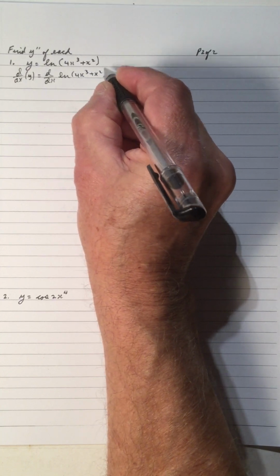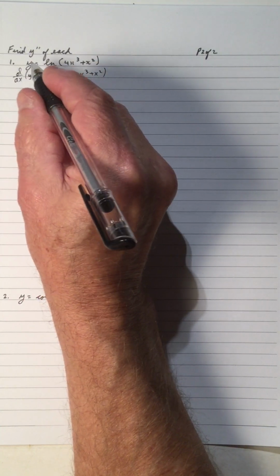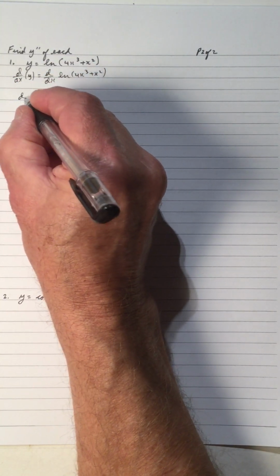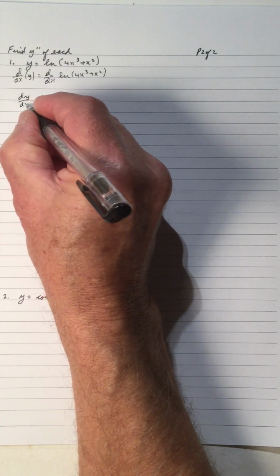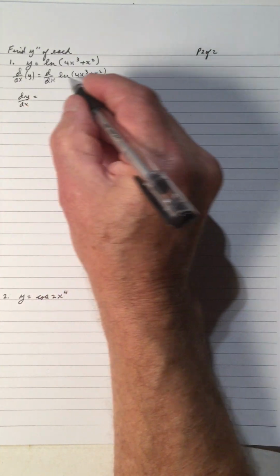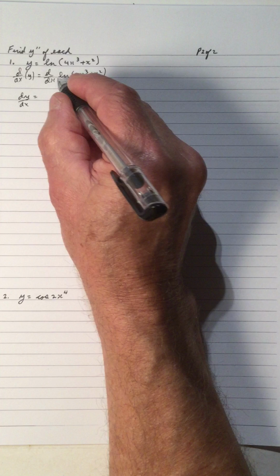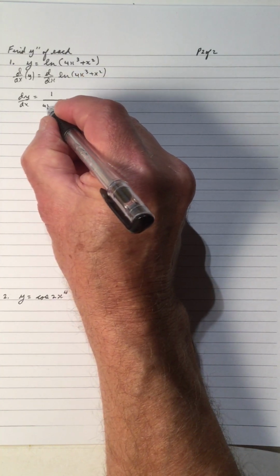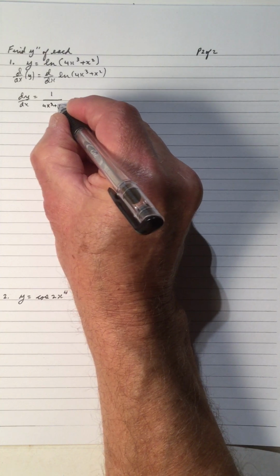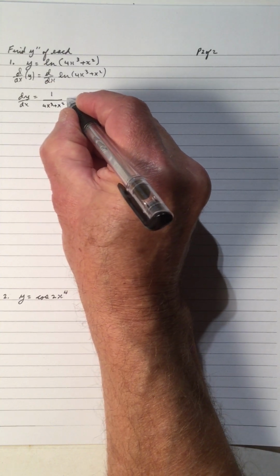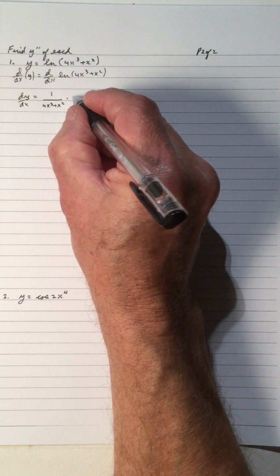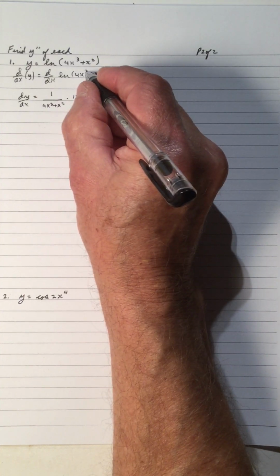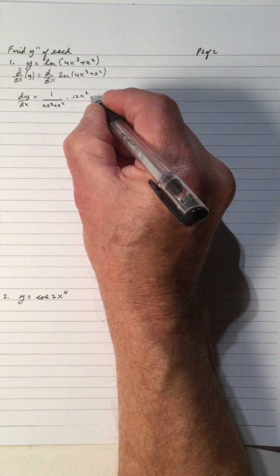Okay, here we go. And again, d dx is dy dx. And the derivative here in terms of x, derivative of ln is 1 over the function, 4x cubed plus x squared. And the derivative of the inner: 4 times 3 is 12, cubed, 3 minus 1 is 2.